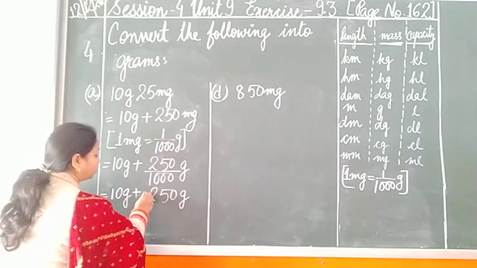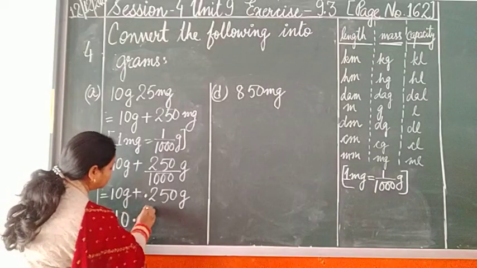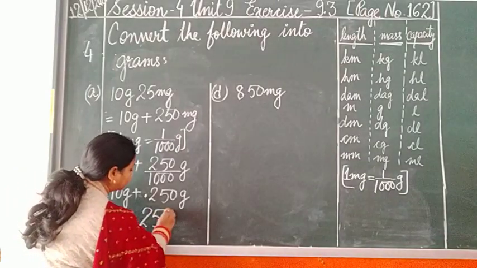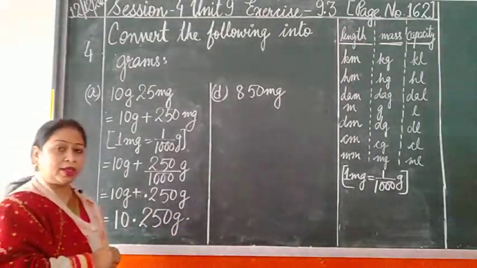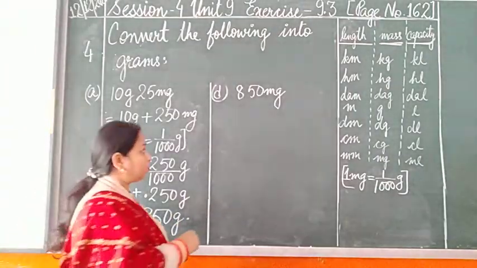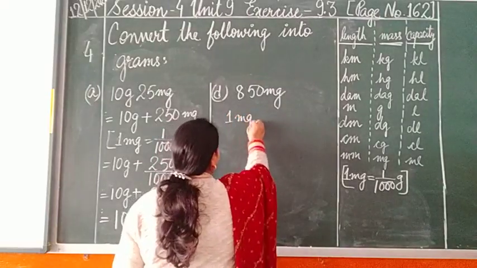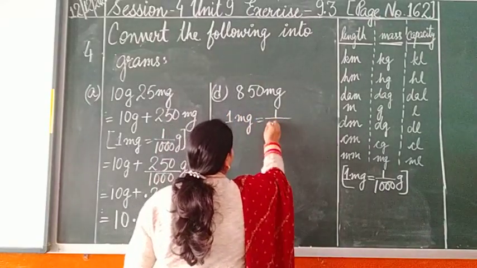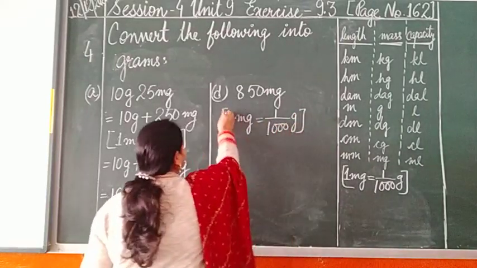Place the decimal over here. So your final answer will be 10.250 gram. Right? Then 850 milligram. Okay. So here also the same conversion will be applied. 1 milligram equal to 1 upon 1000 gram.